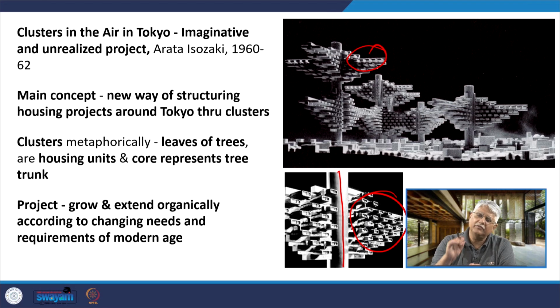Just as the capsules of the Nakagin Capsule Tower were completely fully finished and then brought and installed on site, there also the toilets were fully finished and then installed on site.